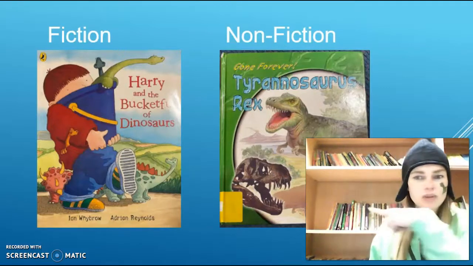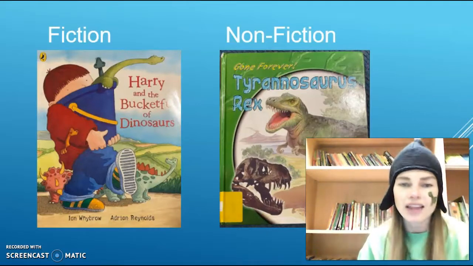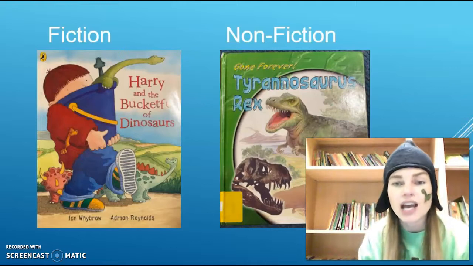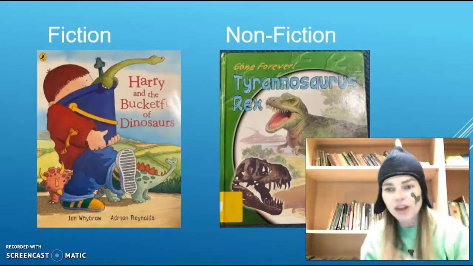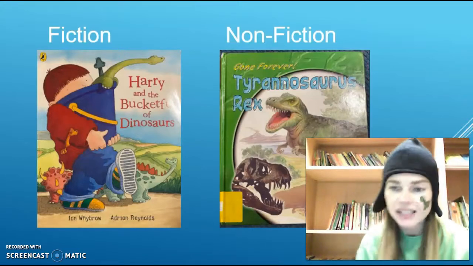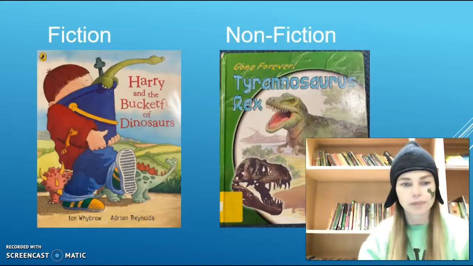The picture to the far side called Harry and the Bucketful of Dinosaurs, that is what's called a fiction book. And then the book on the other side, just here, called Tyrannosaurus Rex, is a non-fiction book.